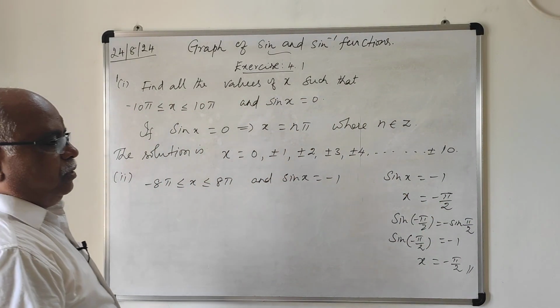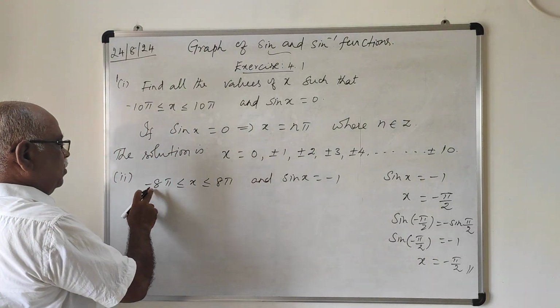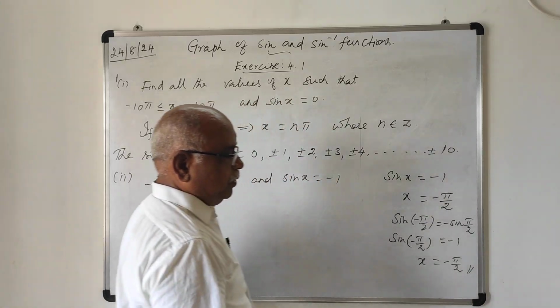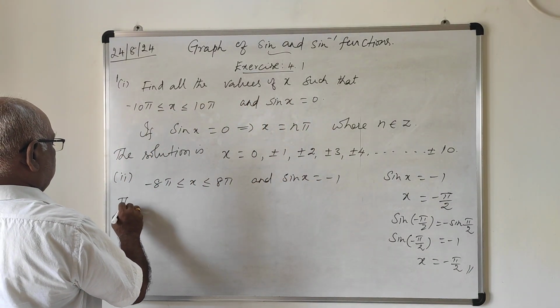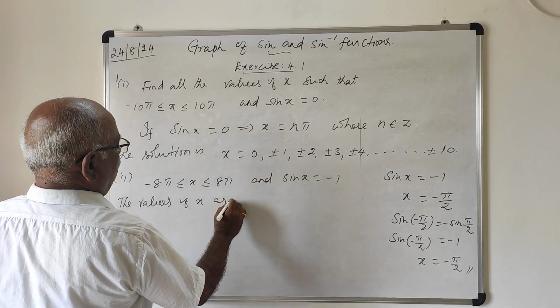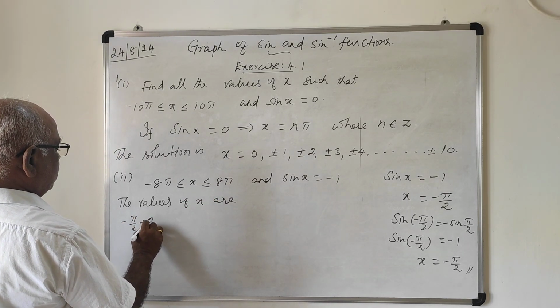But the other values, since the values lie between minus 8 pi to plus 8 pi, the principal value is minus pi by 2, therefore the values of x are minus pi by 2 plus 2 pi.